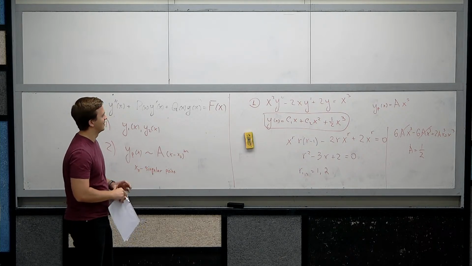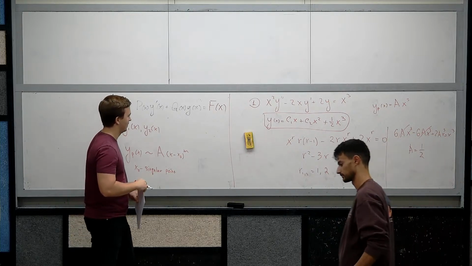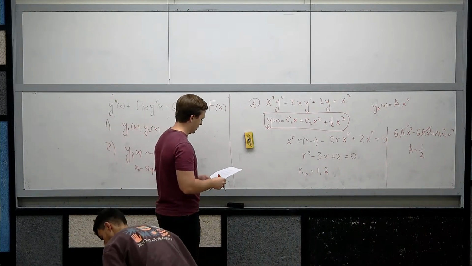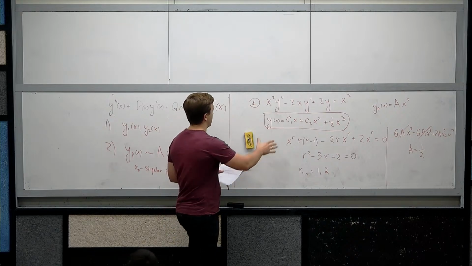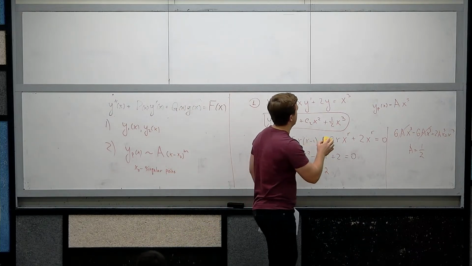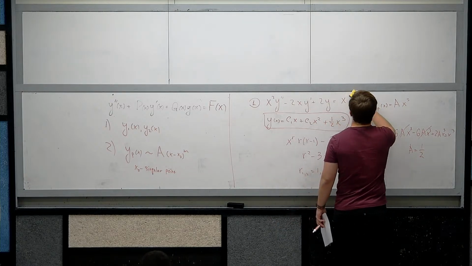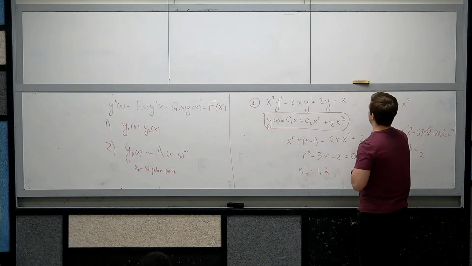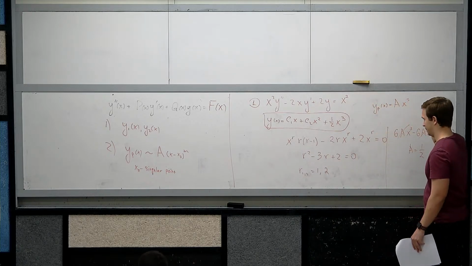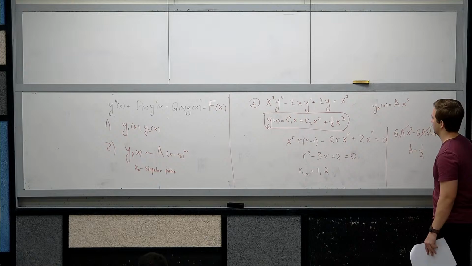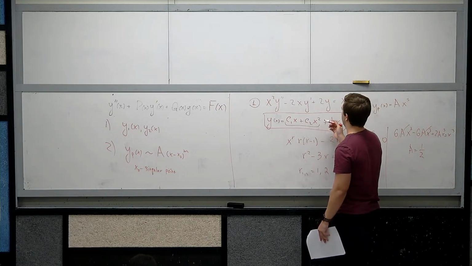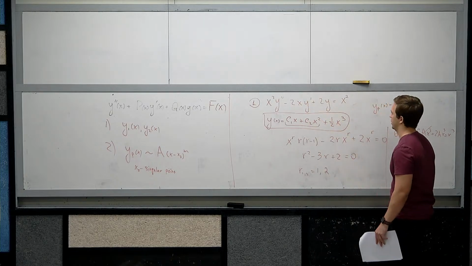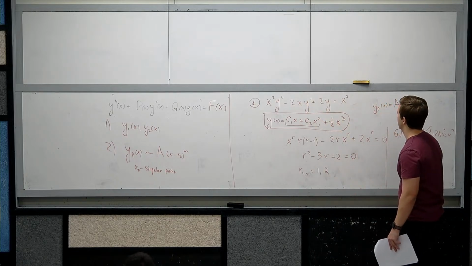Just simple methods. So let's look at another case. We will keep this part the same, but I'll change the power on the right-hand side to 2. The homogeneous solution is the same because we didn't change the left-hand side.